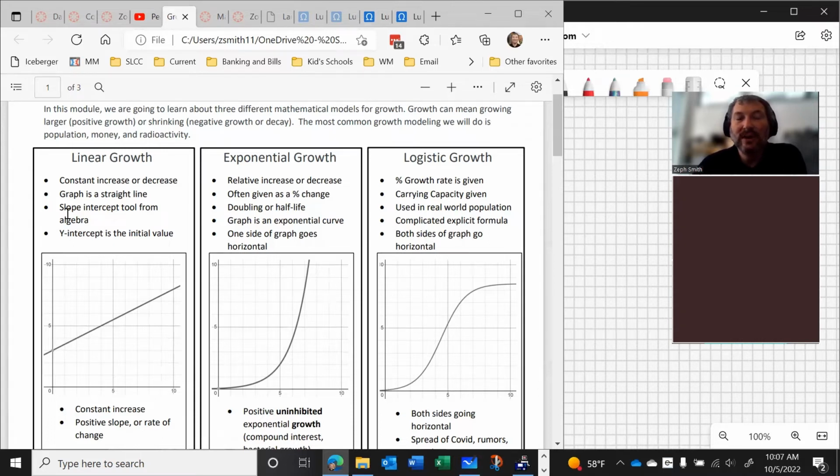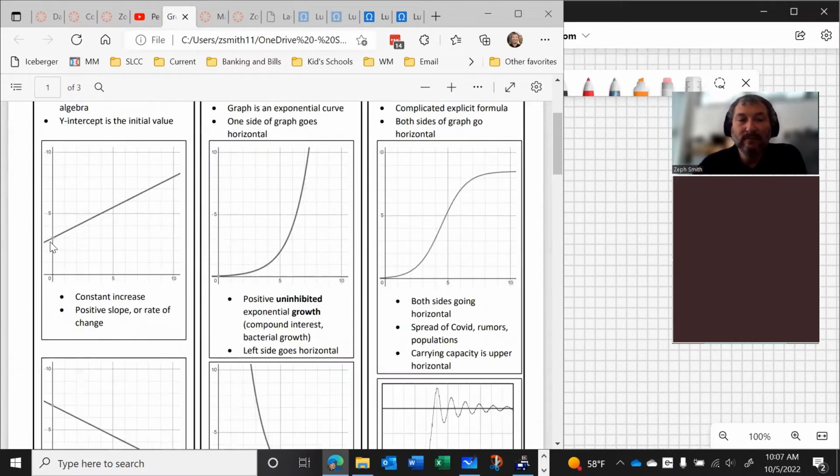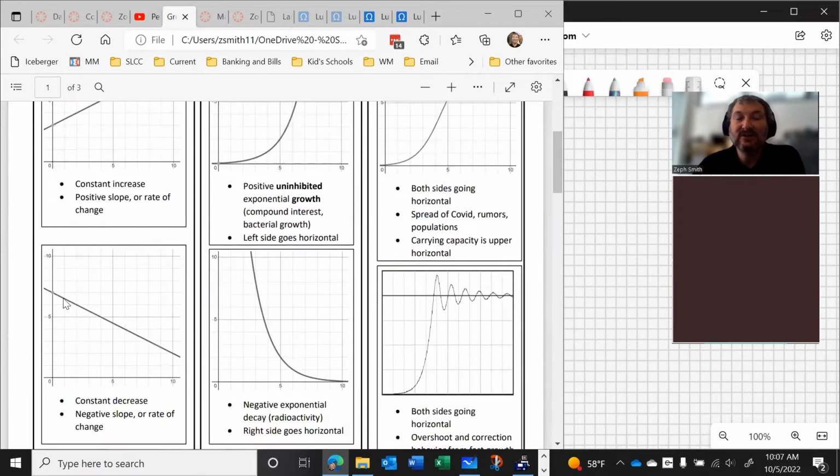The slope itself can be considered the increase or the constant rate of change, and the y-intercept is the initial value. So for example, on this one, we have a constant increase, positive slope or positive rate of change. And if our line is sloping down, then we have a constant decrease, negative slope or rate of change.